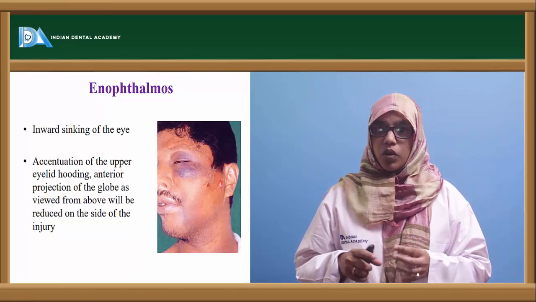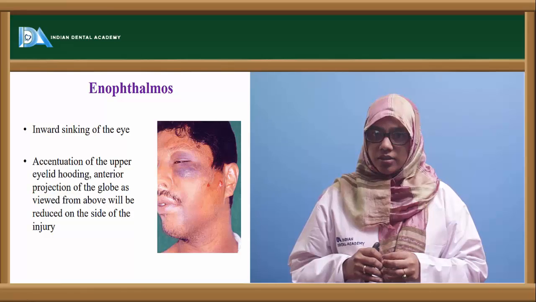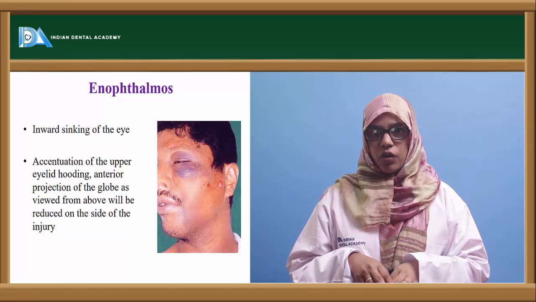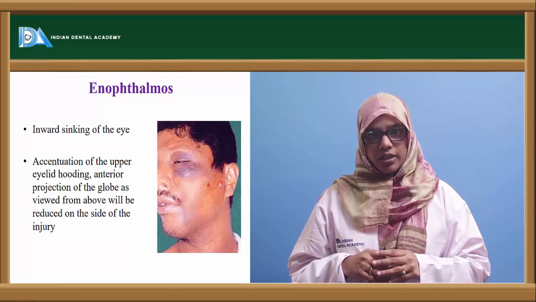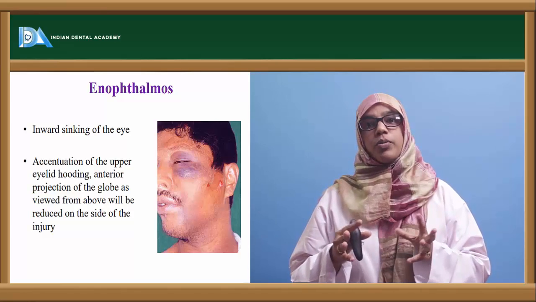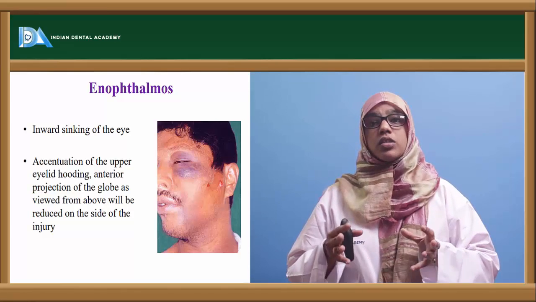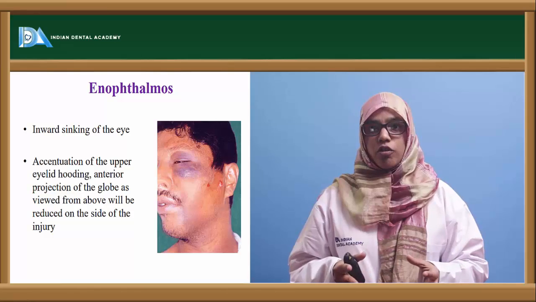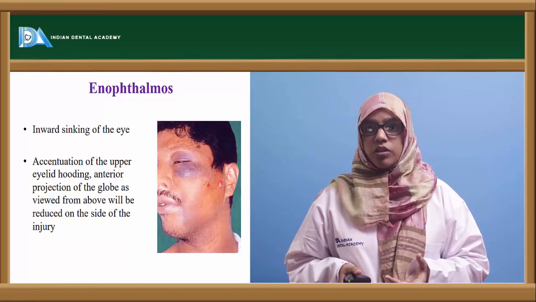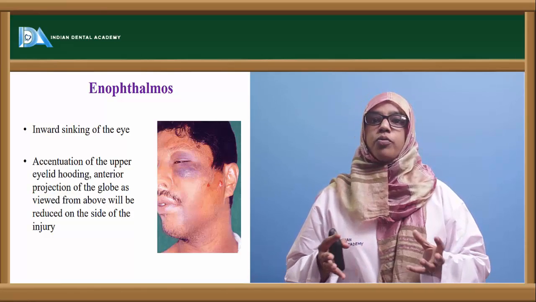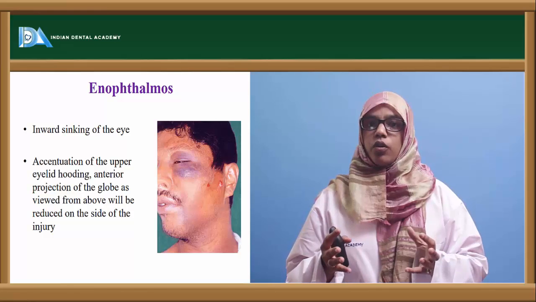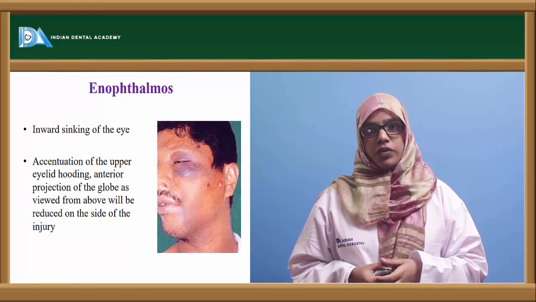This can be because the volume is decreased because of herniation of the orbital content into the sinus, or because the volume is increased because of displacement or fracture of the lateral wall, the medial wall or the inferior wall of the orbit. So the globe shifts inside, resulting in enophthalmos.